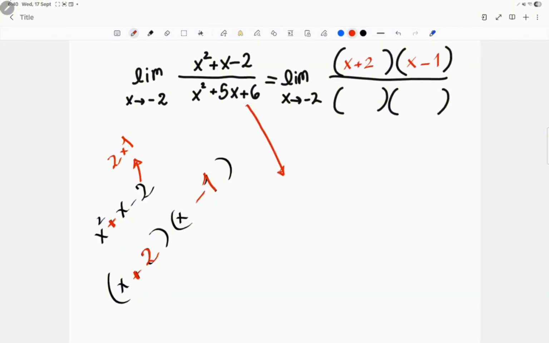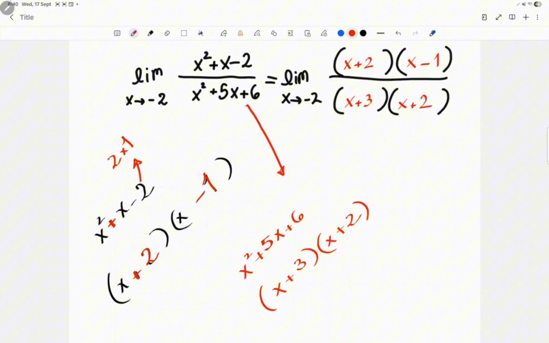Now, let's take the bottom quadratic equation, x squared plus 5x plus 6. Factor. What's 6 made of? What times what? 3 and 2. And how do you get a 5? By adding them. So the numbers inside must add to 5 and multiply to 6.